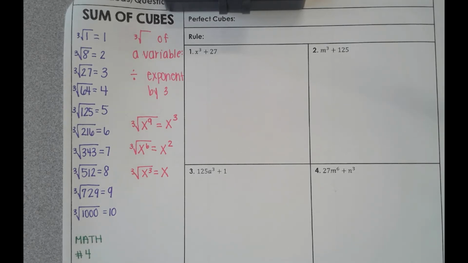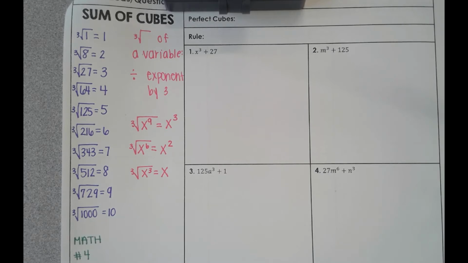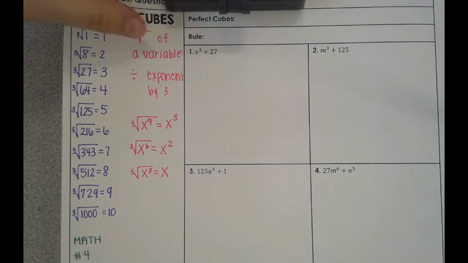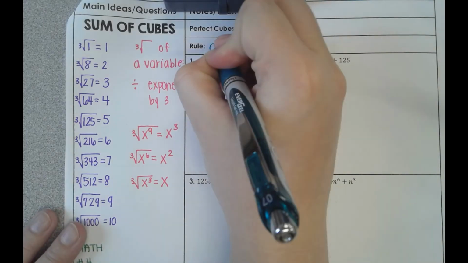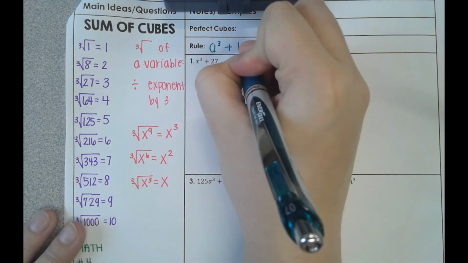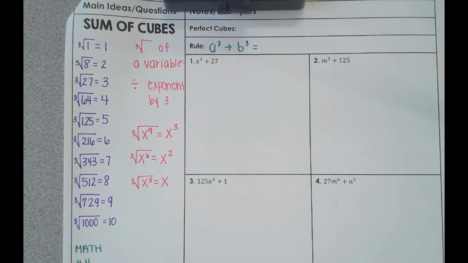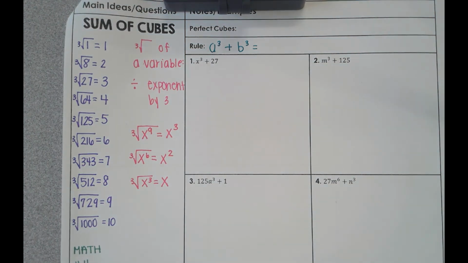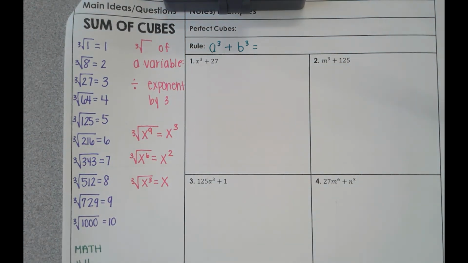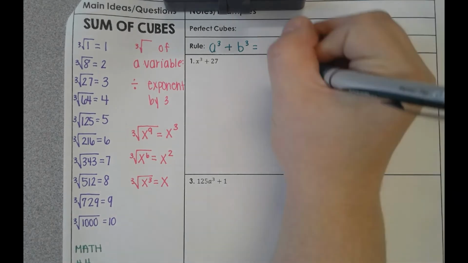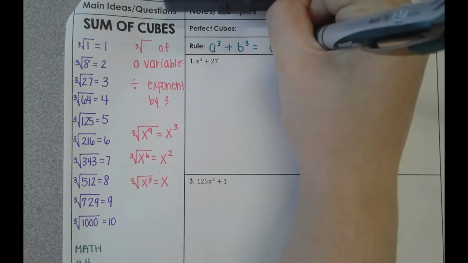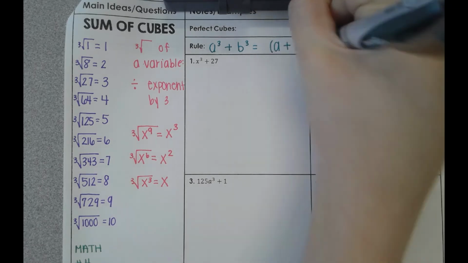So let's get to the formula. I don't want you to see it and think it's super hard. It's really not that hard, it's just a little bit longer. The formula, or the rule, if we have a cubed plus b cubed, so two perfect cubes that we're adding together, we write it out as a plus b first.